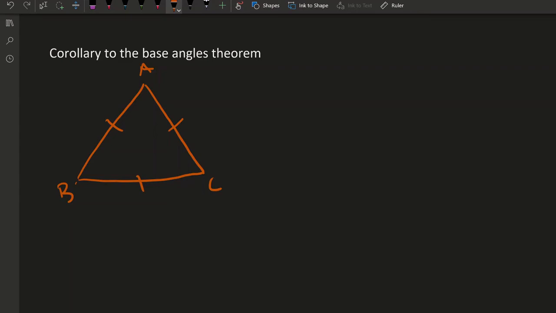So basically what I can say here is that since AB and AC are congruent, I can use the base angles theorem to say that B and C are congruent. However, since I see that AC and BC are congruent, I can also say that these two angles are congruent.